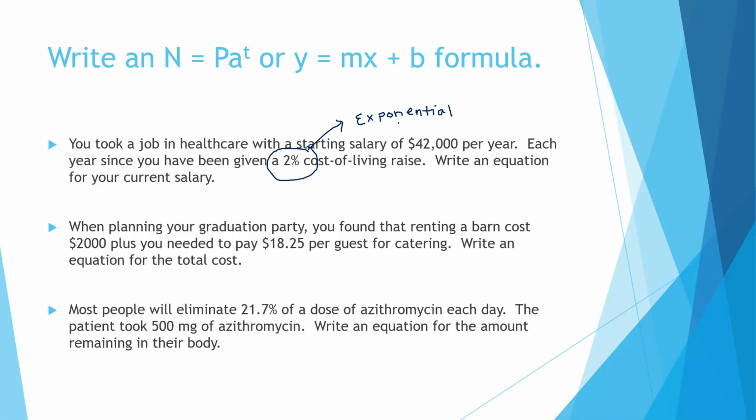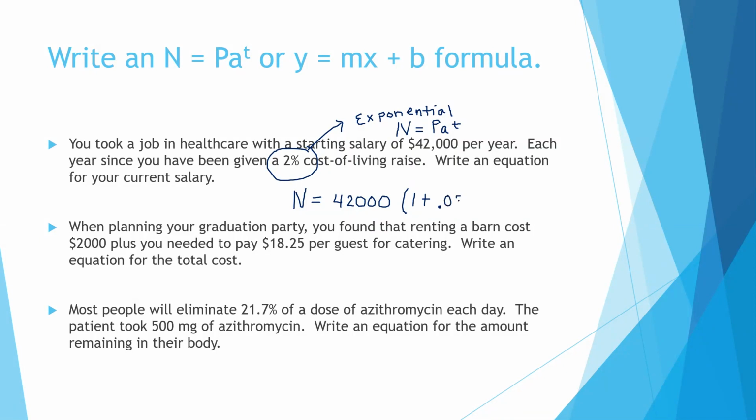So my formula that I'm memorizing for exponential is the NPAT formula, and I'm going to fill in the values. So I will write N equals, so the number of dollars that I'm going to get, that's the amount, is a starting salary of $42,000, filling that in for the p-value. In order to get A, I have a percentage. And so from the previous slide, I'm going to use the idea of 1 plus R. So 1 plus, I'm using plus because it is an increase.